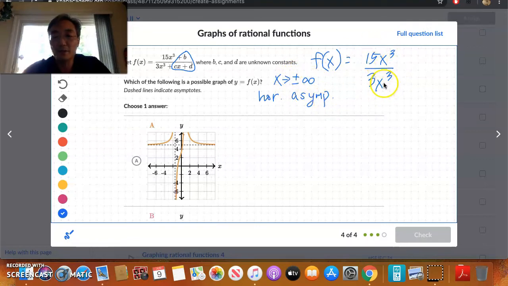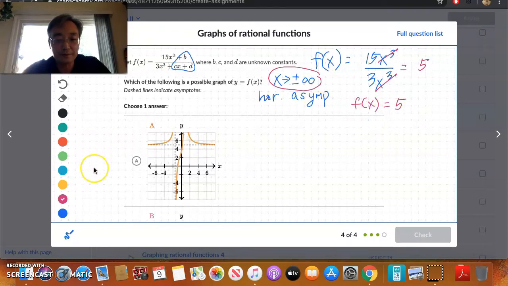If we simplify, the x cubes cancel out, 15 over 3 is 5, so the functional value is equal to 5. We're looking for the graph that has a horizontal asymptote at y equals 5.